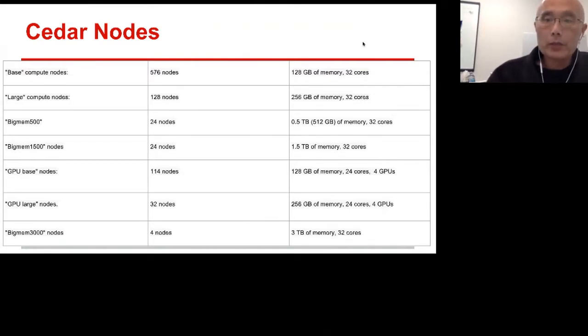The GPU nodes have only 24. However, they have GPUs instead. So when you submit a job, you have to know what's available in terms of resources, and so you will have to ask for resources accordingly so that it gets to the right machine that you're intending your job to run on.